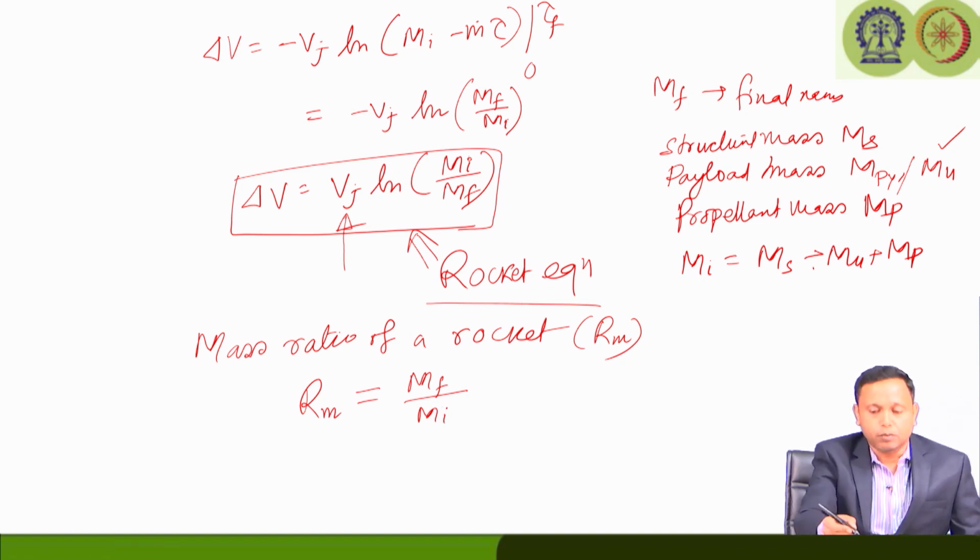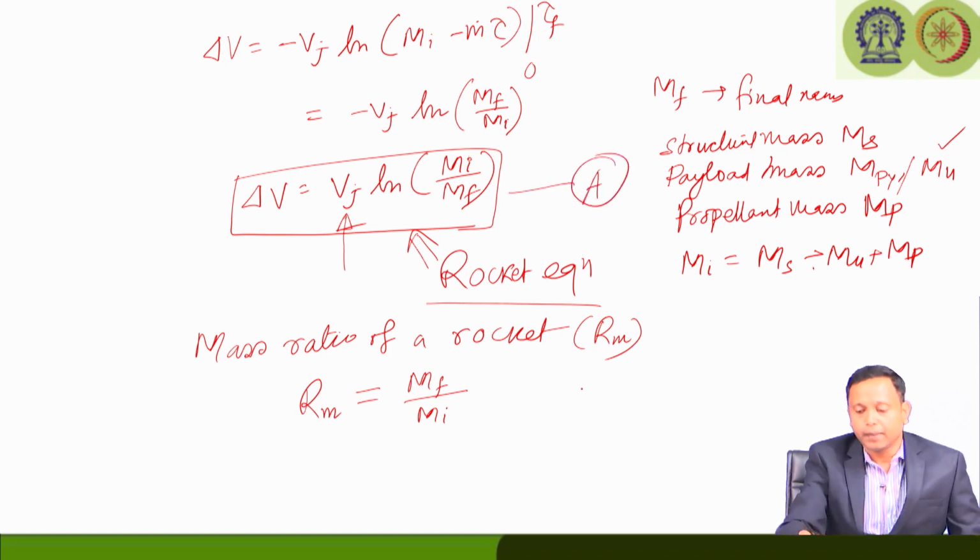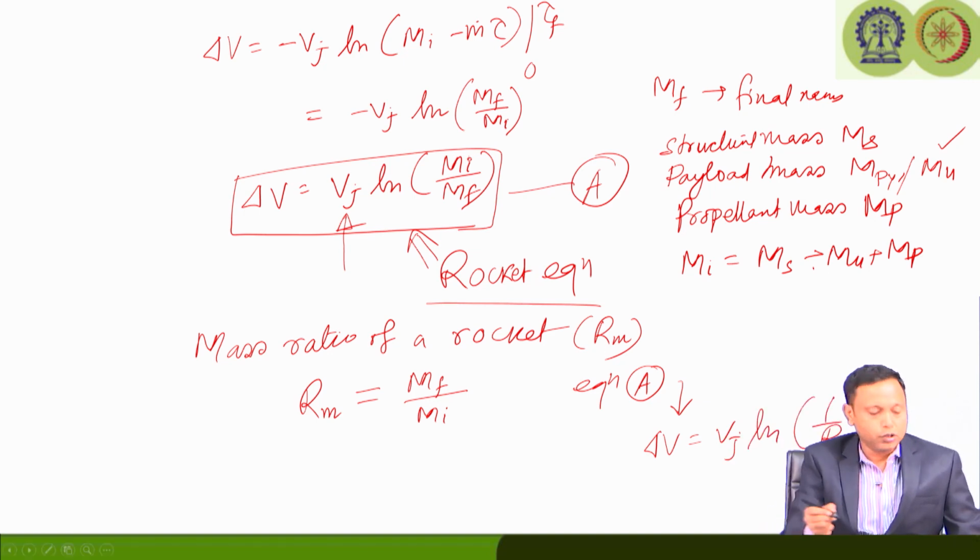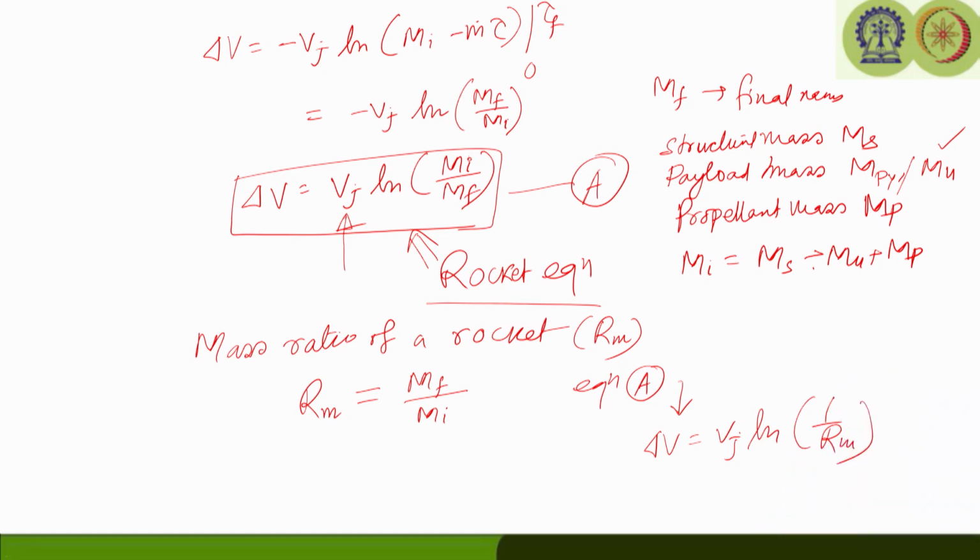So, if you write in terms of mass ratio, you can write the delta V. Our equation A becomes delta V equals Vj ln 1 by Rm. This is the modified version of it. Now, the final mass of the rocket consists of the remaining mass, because all the propellants are already consumed.